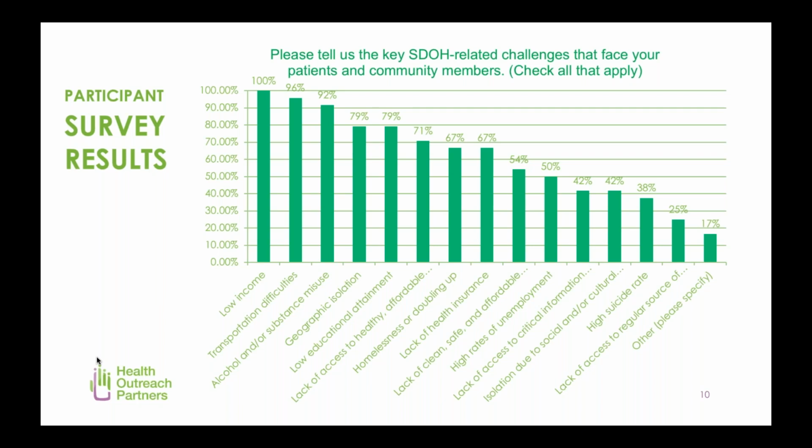So we know for all of you, income is a serious challenge for the patients you're serving. Almost everybody, 96%, listed transportation, and 92% mentioned alcohol or other substance abuse issues, and then nearly 80% mentioned geographic isolation and low educational attainment, and lots of other important factors going down from there.